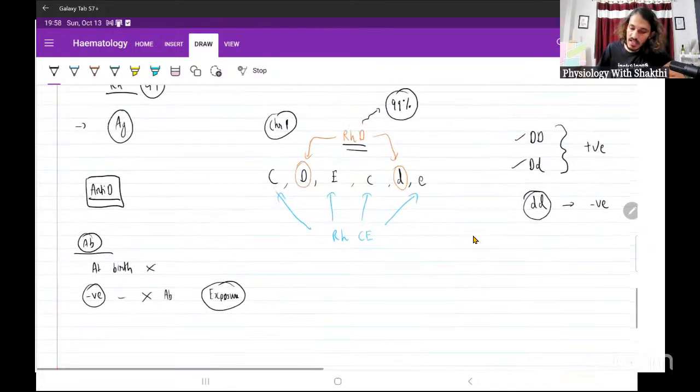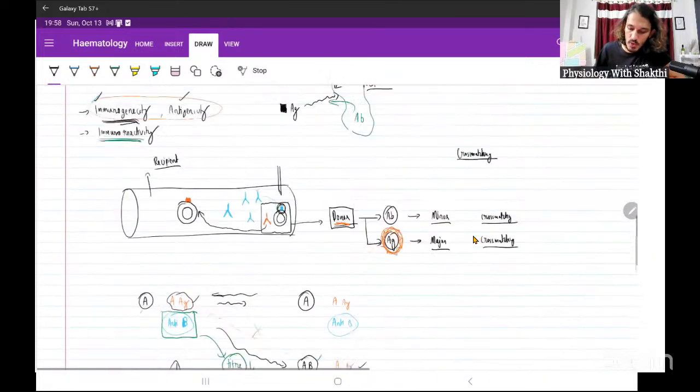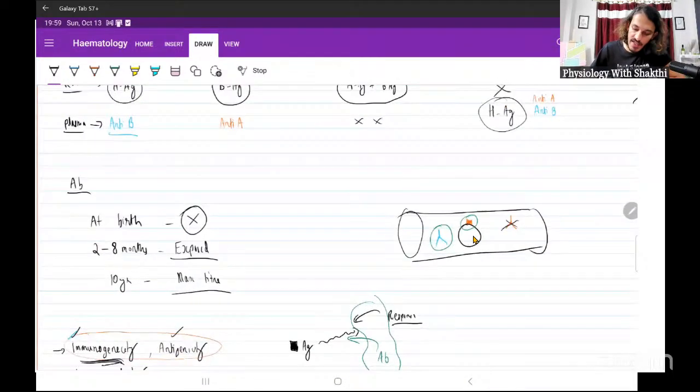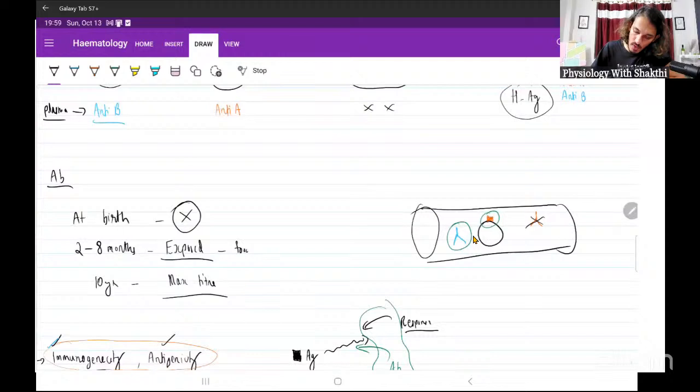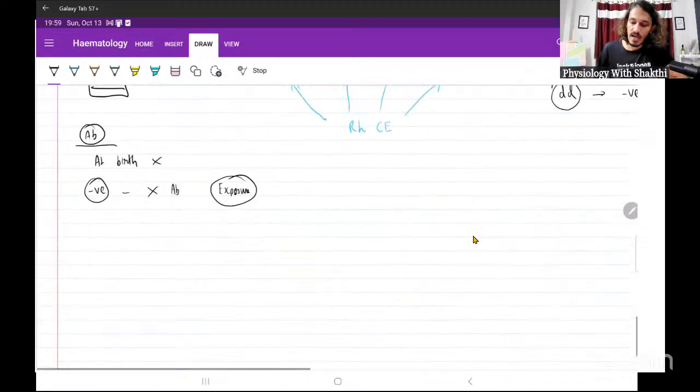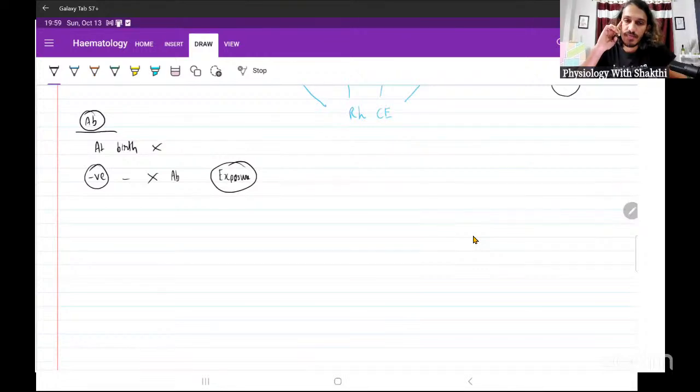I told you earlier, in the ABO blood group system, through the food we eat and the colonic bacteria and all that, we get exposed. But such an exposure is not happening in RH. The RH blood group system is not that easy to get exposed to unless there's direct blood to blood contact.